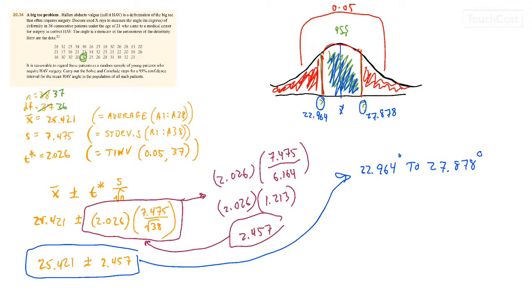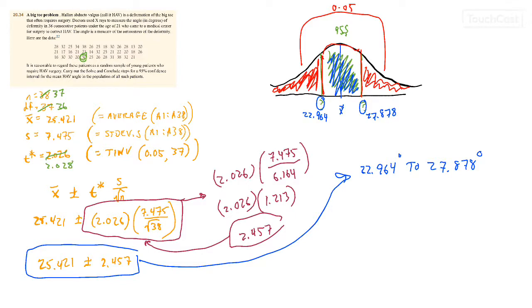And your standard deviation will change. That'll become a smaller deviation, because that outlier goes away. Your T star will also change because your degrees of freedom have gone down a little bit. It becomes slightly larger. 2.028 is what you end up with when you recalculate.